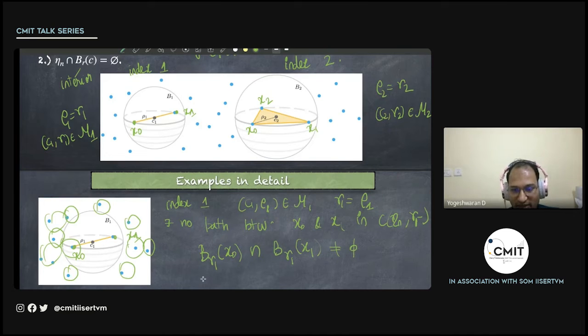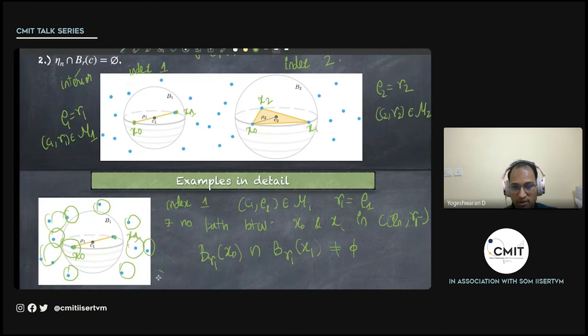Okay, they both get connected at r1. When you put balls of radius r1, x0 and x1 are connected. But if there is no path, then this is the first time they are getting connected. So the number of components in the Cech complex at r minus is changing. But if there is a path already, what happens is you are creating a cycle by putting this ball.